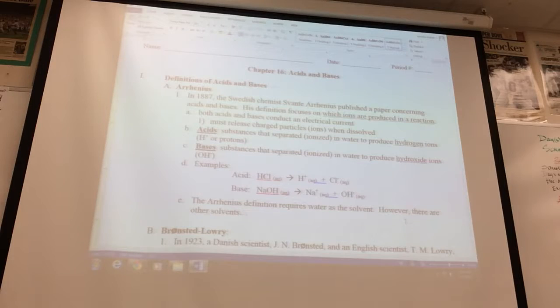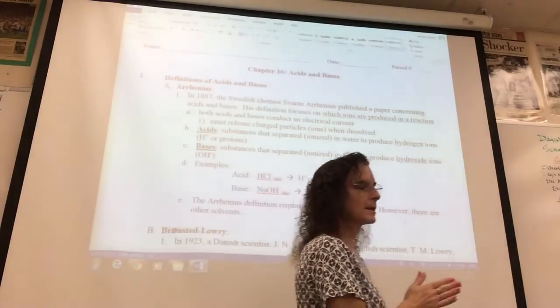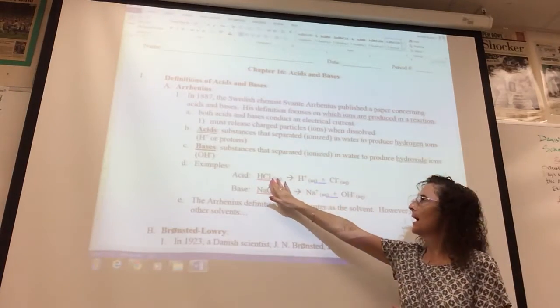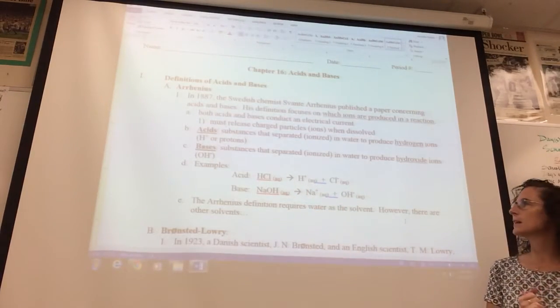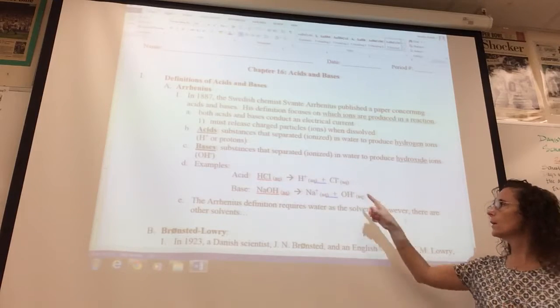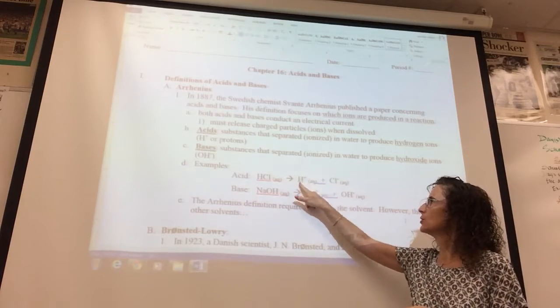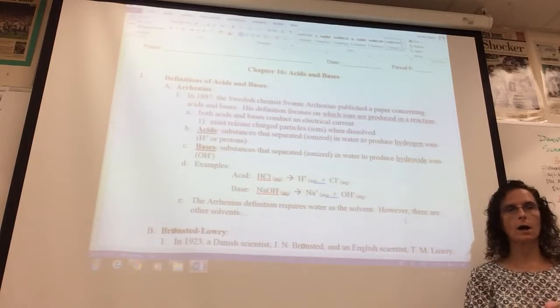But what he did notice was that acids will ionize in water to generate protons or hydronium ions, so H+. Bases will ionize in water to generate hydroxide ions. For example, the acid hydrochloric acid will ionize in water, and you'll see the production of protons.